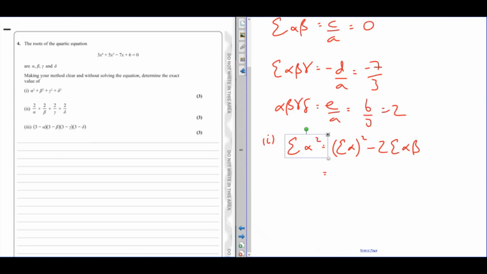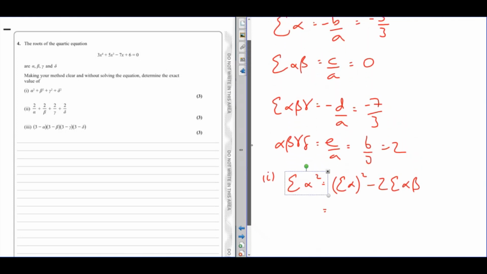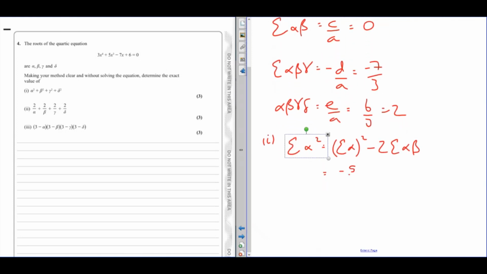That works for quadratics, cubics, and also quartics, so you could work it out each time. The sum of the roots we've got an answer for is minus 5 over 3. The sum of the product pairs is equal to 0 for this one, so we get 25 over 9.